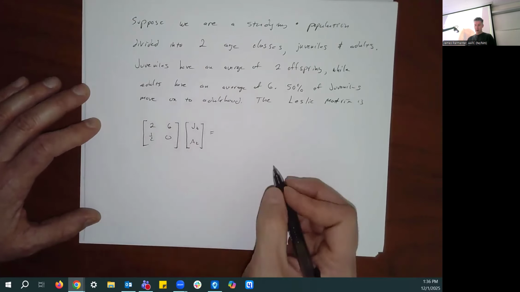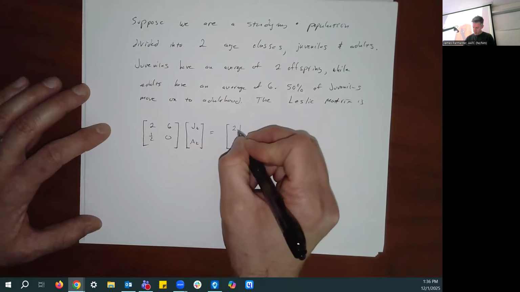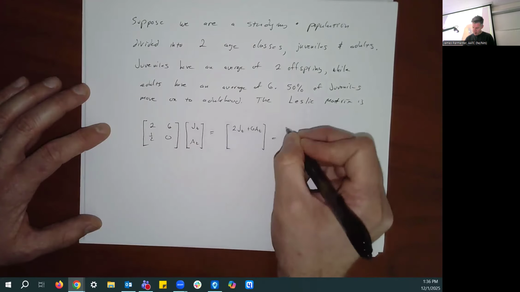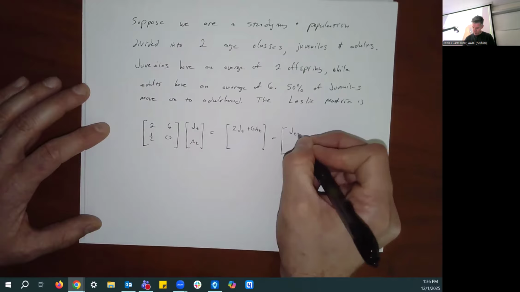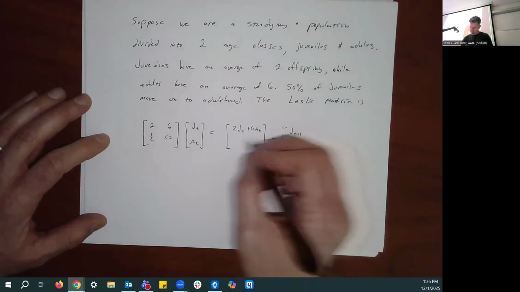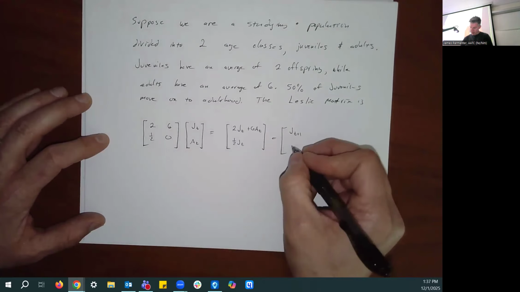When I multiply this out, check what I get. I get 2 times this year's juveniles plus 6 times this year's adults. That's going to be next year's juveniles, or next whatever time period we're talking about. And then 1/2 times J_t plus 0 times A_t, that's going to be next year's adults.